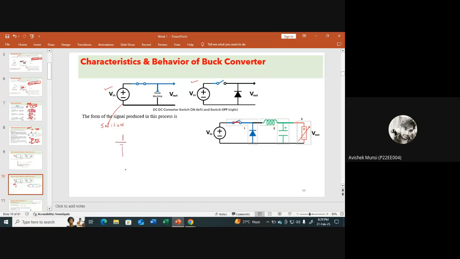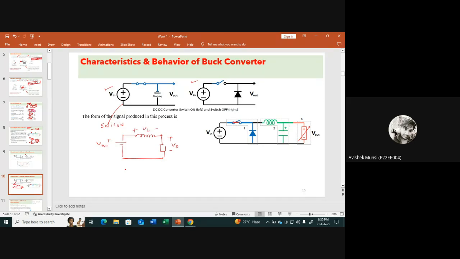This is our input voltage, and there are the inductor and our load, because at that time the diode is not conducting. If this is our input V in and this is my output V0, the voltage across the inductor is VL.